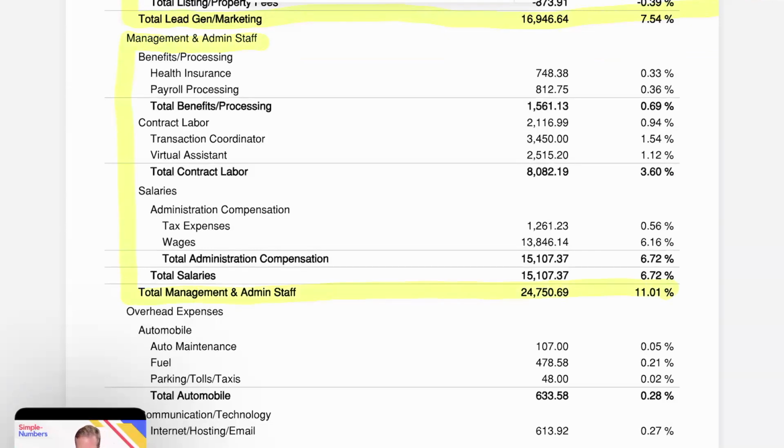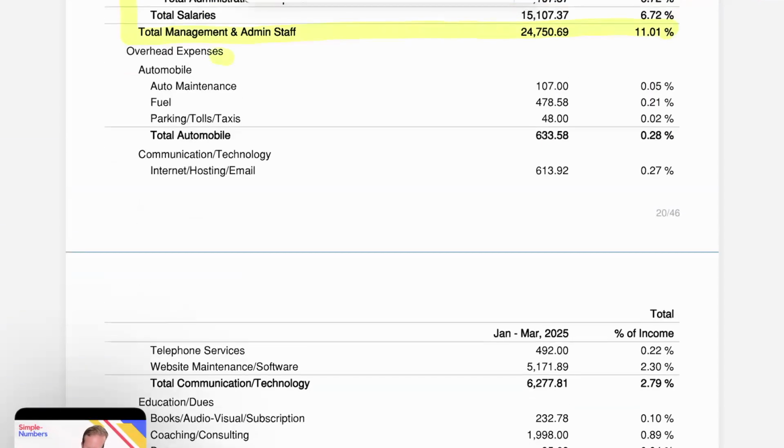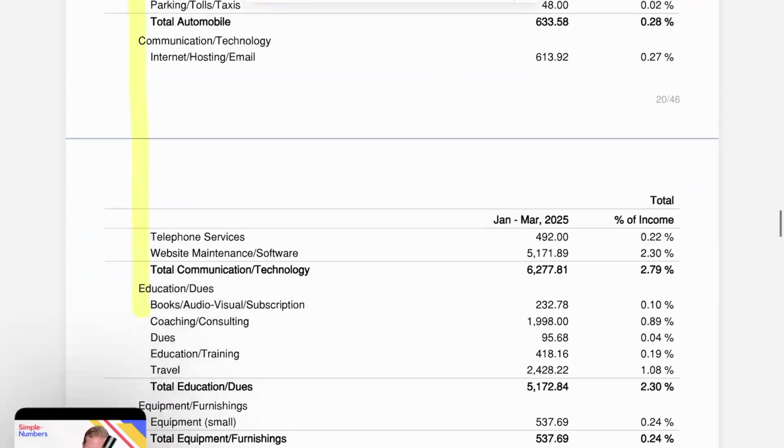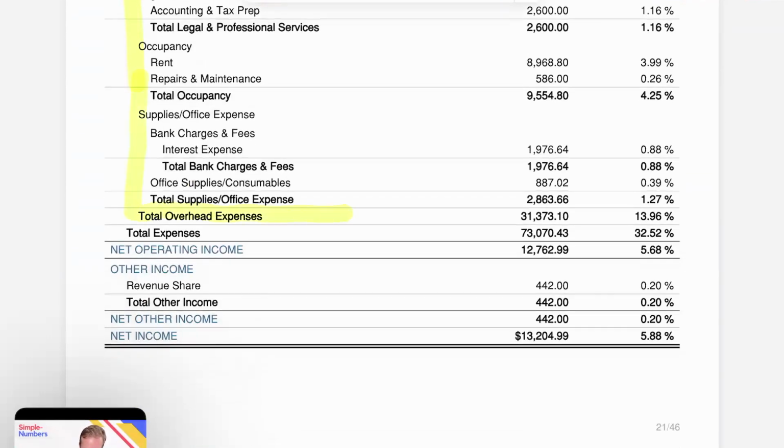Total people expenses was $25,000 or about 11%. And then we have our overhead as the third category. And that's just everything else that wasn't a lead gen or a people expense. Those are our three main categories. That is 14% of the revenue. So our total expense was $73,000 or about 32.5%. That left us with a net operating income of about $13,000 or almost 6%.